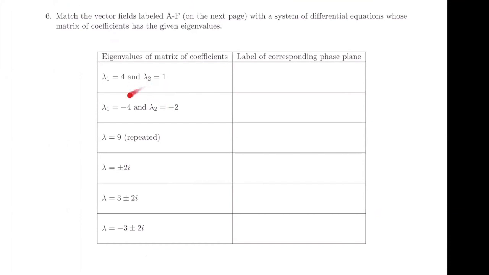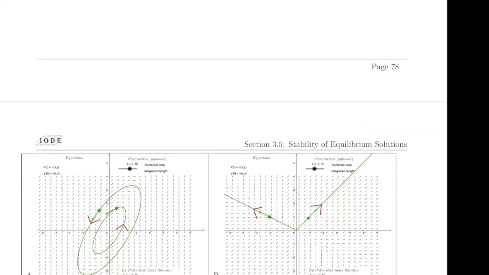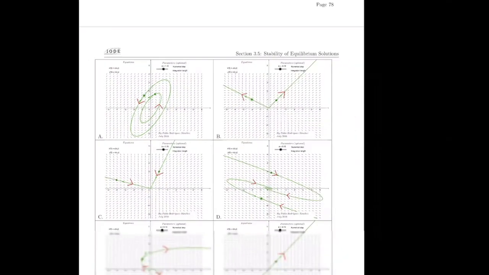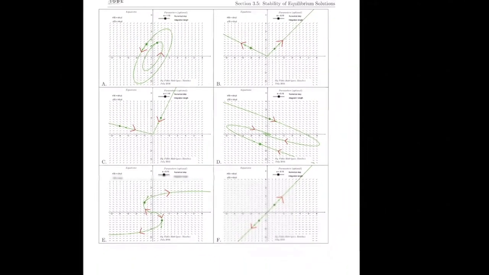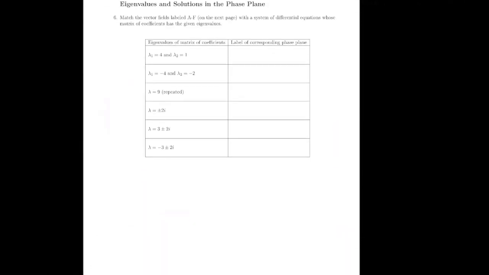We could have two real eigenvalues, two positive ones, two negative ones, repeated roots, and we could have complex roots. And so on the last sheet, we've got 6 different phase plane possibilities drawn out here. And each of these possibilities corresponds to one of these cases over here.